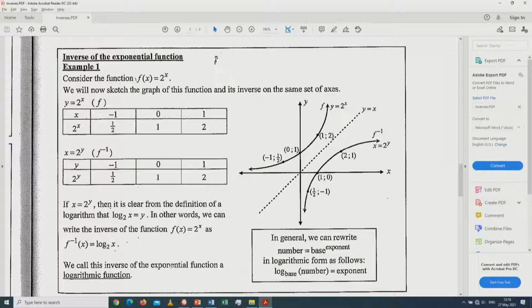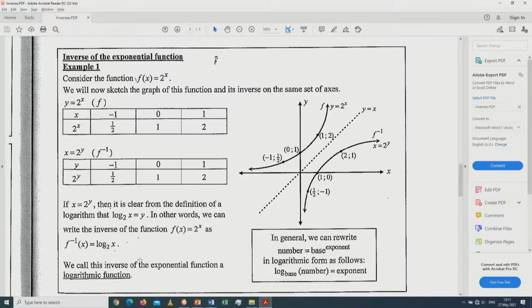So the inverse of the exponential function constitutes a log graph. I hope this example is clear. And in this case, if you can check, the function was increasing, even the inverse was also increasing. Grade 12 learners, the function is increasing, even the inverse is increasing.